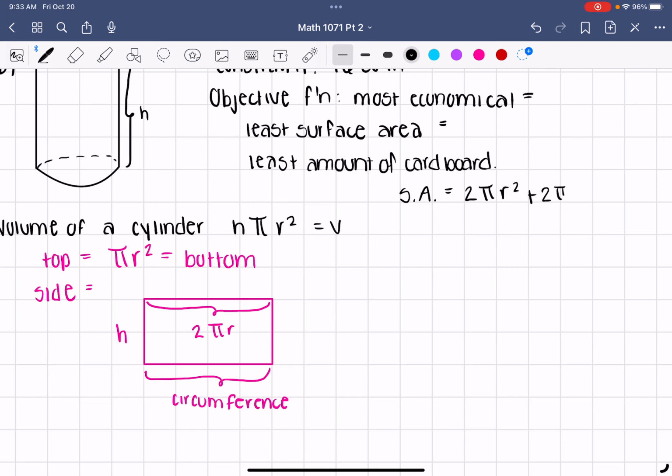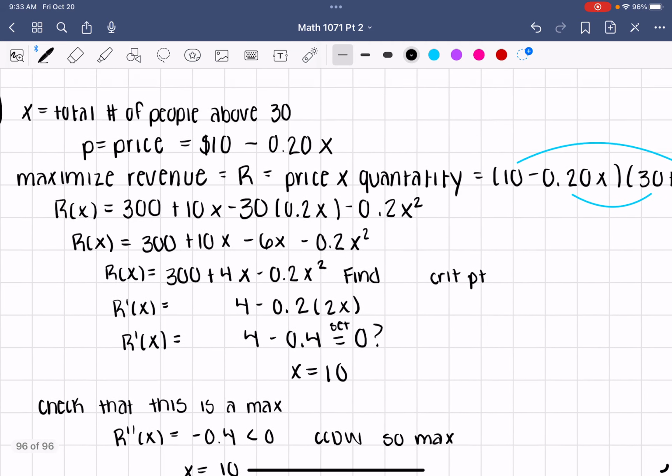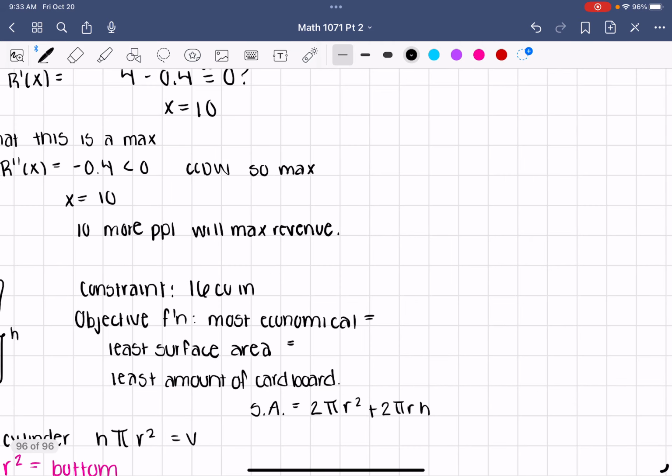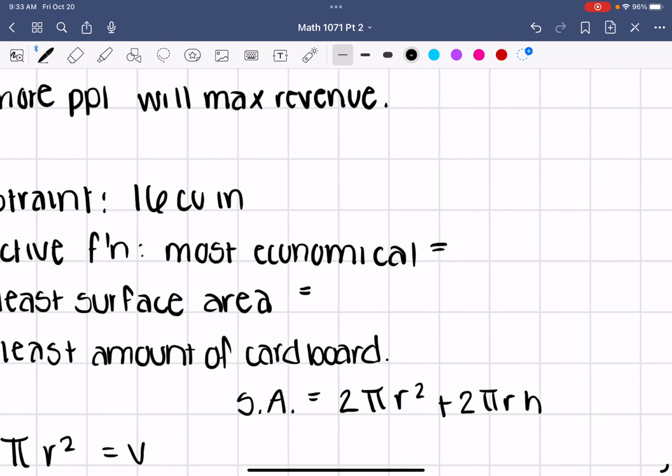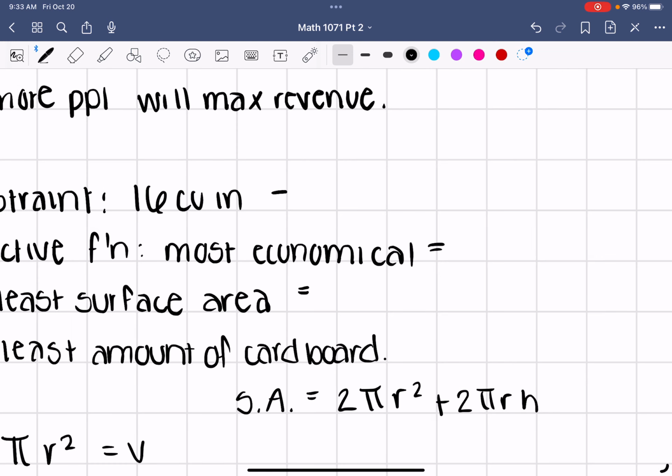All right, so as before, we want to take a derivative here, but it's got an r and an h. Let's eliminate the h. Go to the constraint, and you find h is 16 over pi r squared. Put that into your objective.